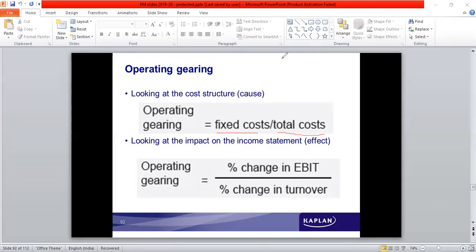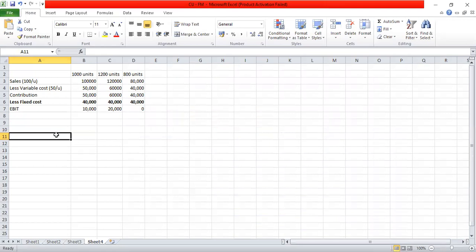Let's get back to the same example. The formula for operating gearing is equal to percentage change in EBIT on account of percentage change in turnover.